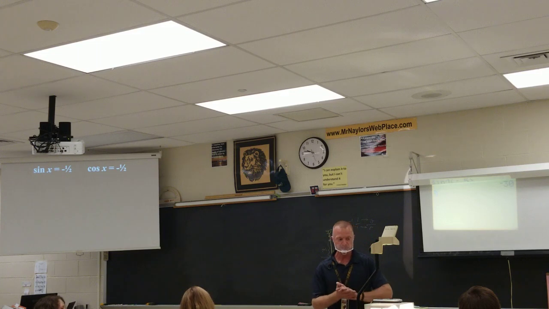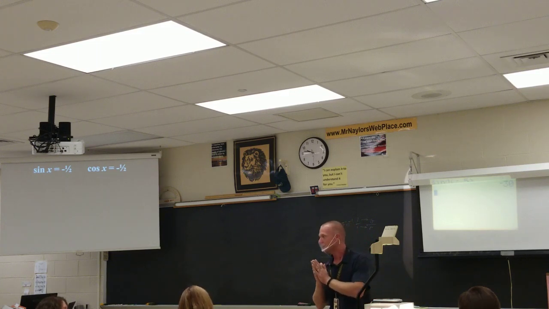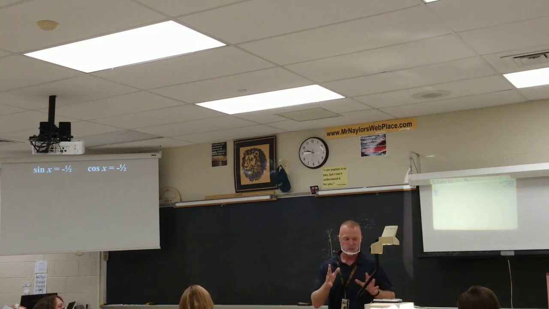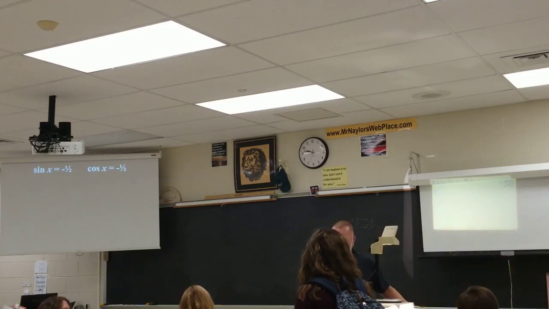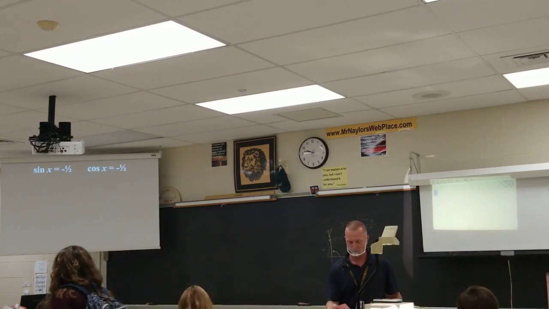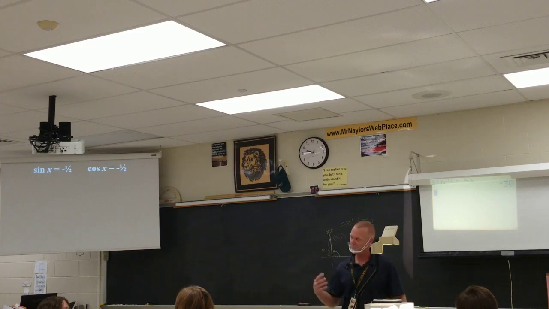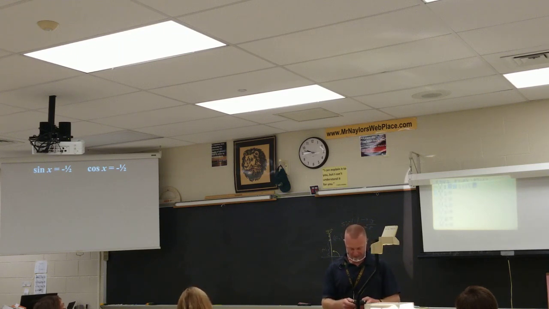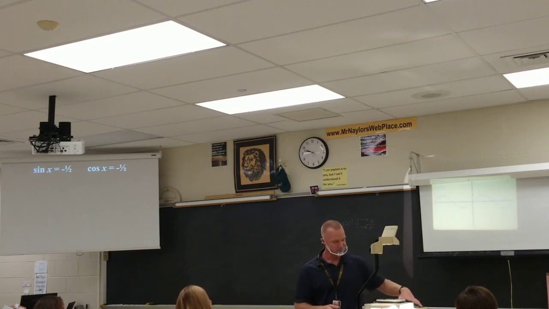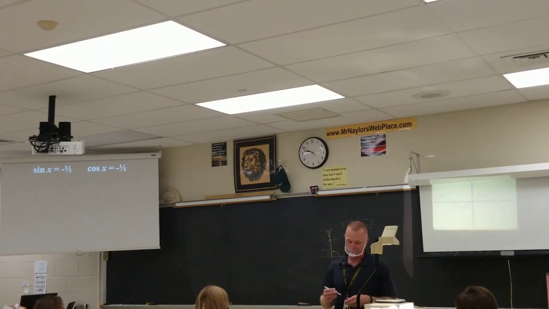The reason I'm choosing that method right now is because I want to throw the question out, why is that the answer that we get when we do the inverse? Is it the first answer? Why is that the one that we get? If you say, what do you mean the one that we get? Well, if you would do this problem with a graph, you would realize that there are different places that equal -1/2.